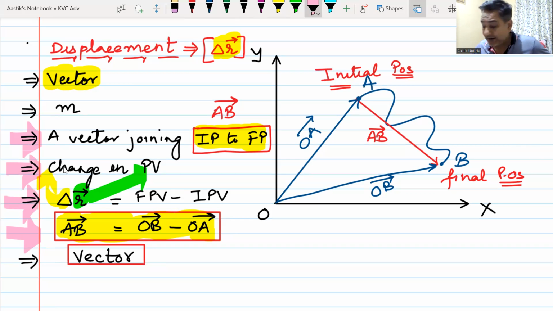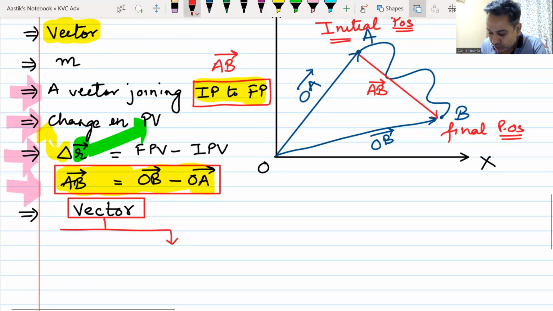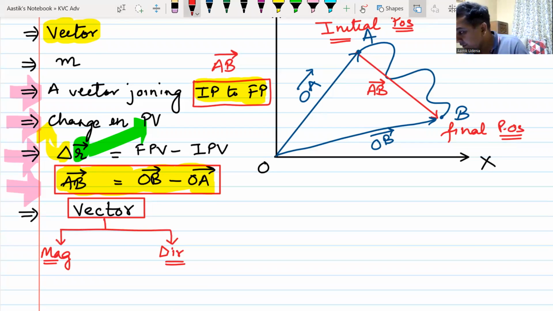Since it is a vector quantity, this vector should have two things: magnitude and direction. If it is a vector quantity, it should have magnitude and it should have direction.